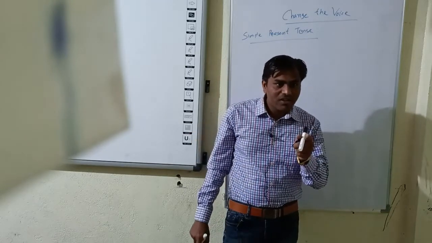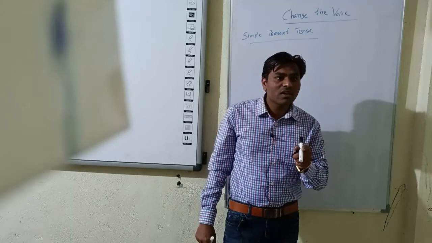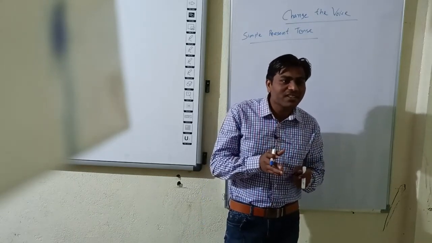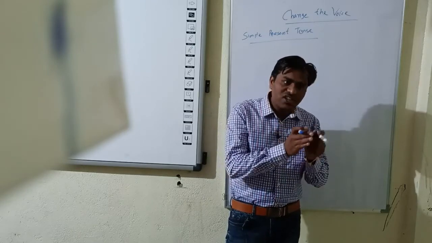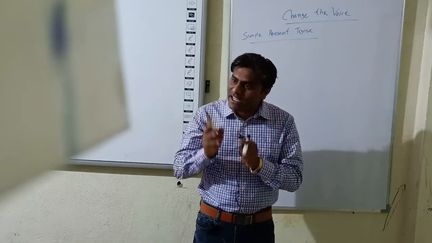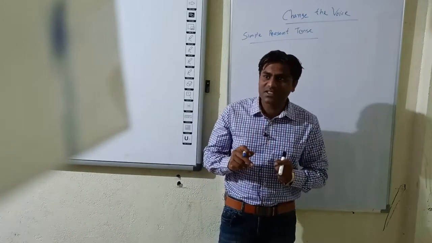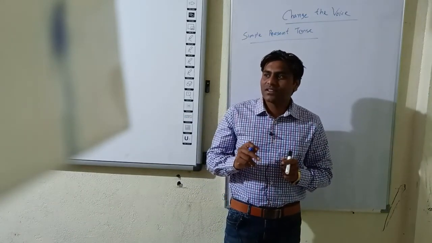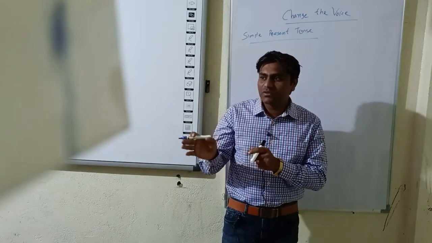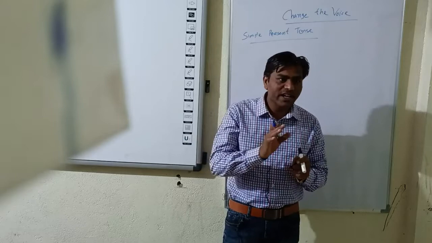We call it an active sentence. Ganesh, what is an active sentence? The action starts from the subject towards the object. And passive sentence means the action starts from the object towards the subject. We call it the passive sentence. Getting it, Ganesh?